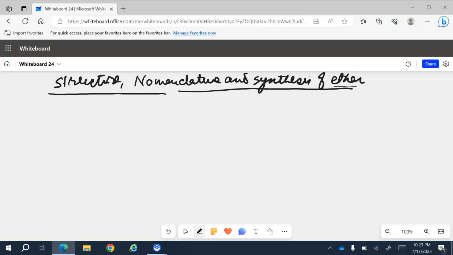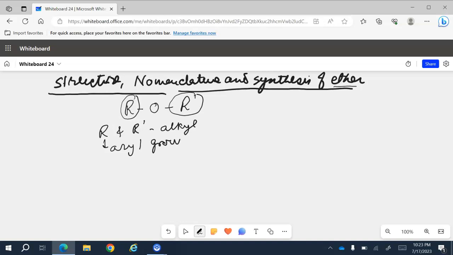When we say ether as a functional group, these are the compounds with the general formula ROR or R prime, where oxygen is connected with either two alkyl groups, this R and R prime can be either alkyl groups or aryl groups. So oxygen is connected with either alkyl or aryl groups. We consider that as ether.